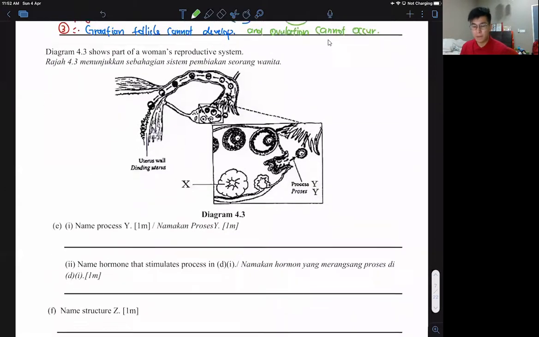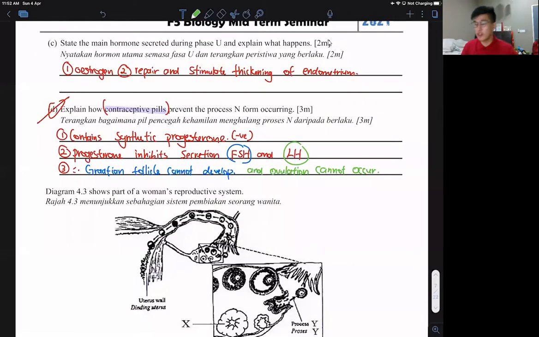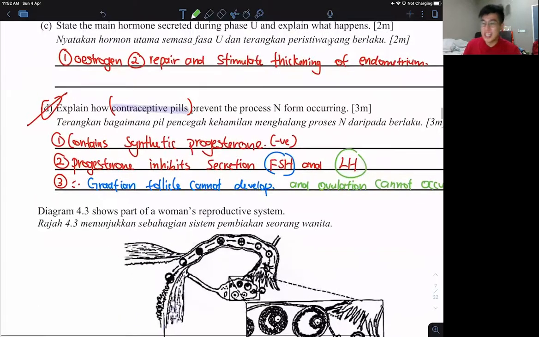So contraceptive pill question, this is how you answer.